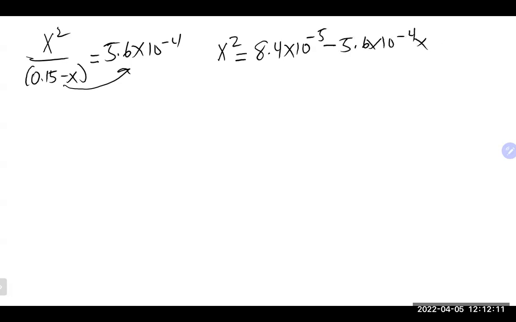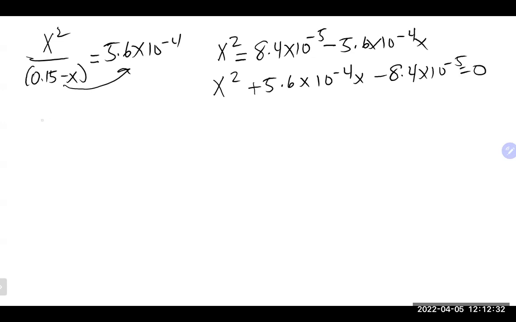We want to bring everybody back to the one side there. That's going to give us x squared plus 5.6 times 10 to the minus 4x minus 8.4 times 10 to the minus 5 is equal to 0 in this case. Any questions on that there?